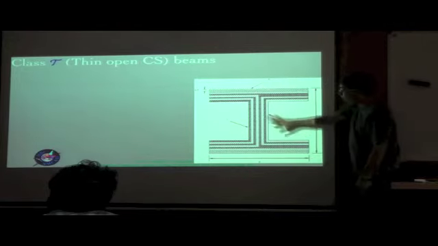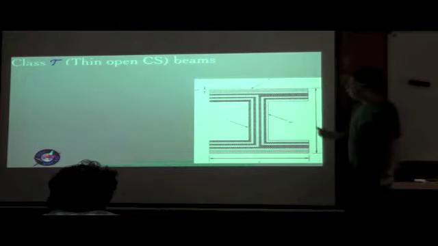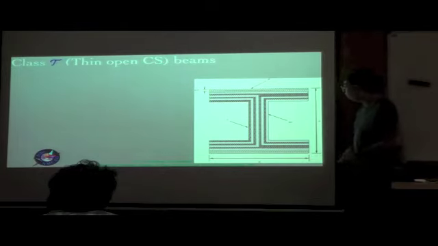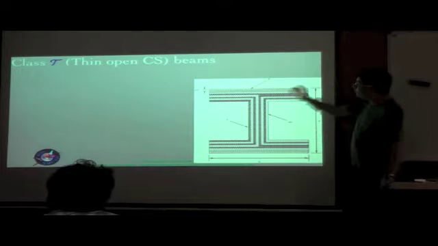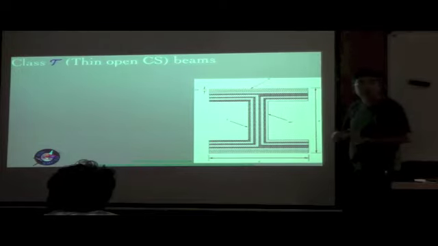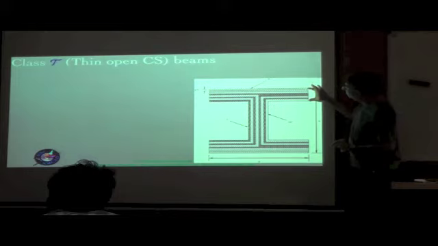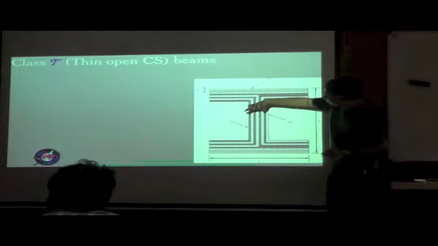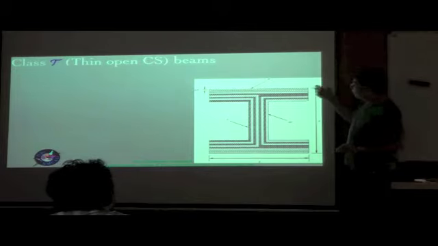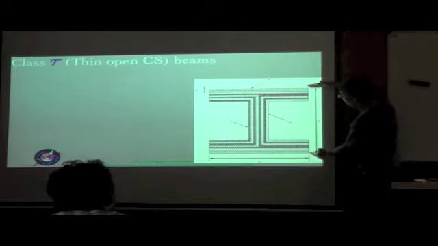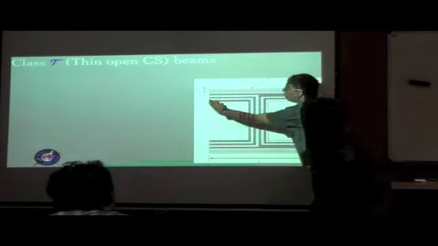So this is one way of constructing an I section. There are many other ways of constructing it, but irrespective of the way it is constructed, what is important for us as far as the asymptotic theory is concerned is that the thickness of the flange and the thickness of the web are both an order of magnitude smaller compared to the overall height of the web and the width of the flange.